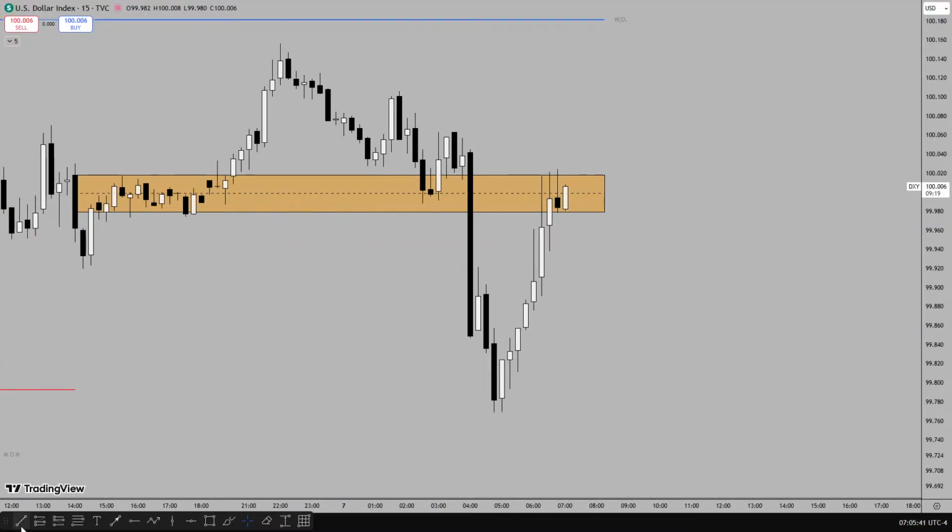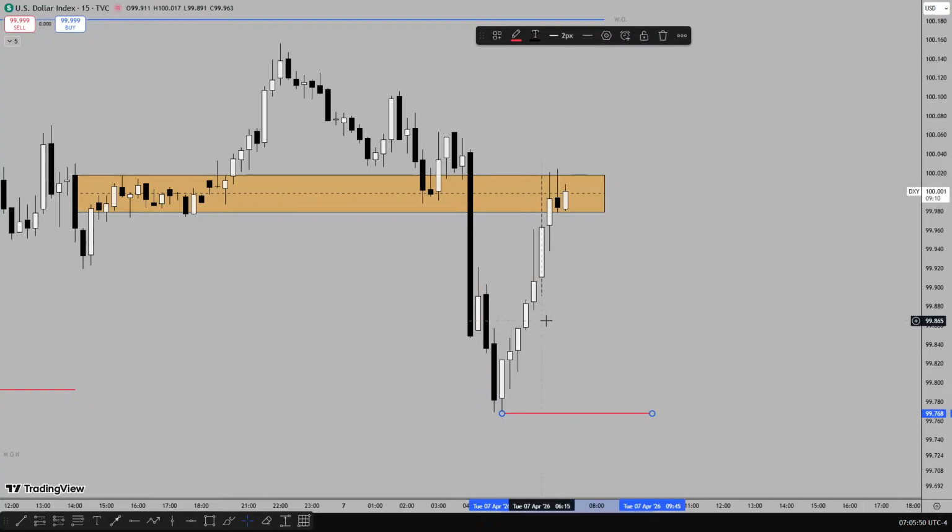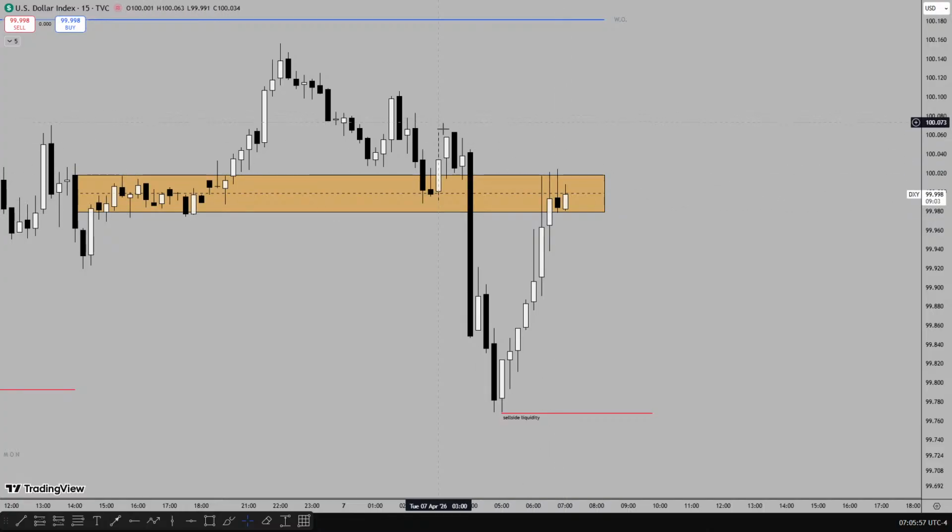I will be looking to sell on the dollar index, paying attention to how price is trading. And my draw on liquidity going into the New York session is to anticipate lower prices to run the swing low. Now I will be sticking to the idea of price trading lower to run the sell side liquidity. But if price was to trade higher to run the 15 minute high, I wouldn't be looking for any sell.